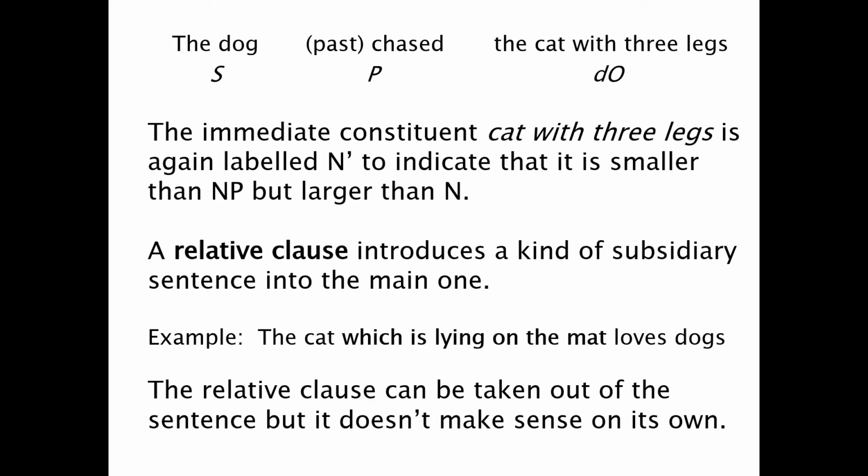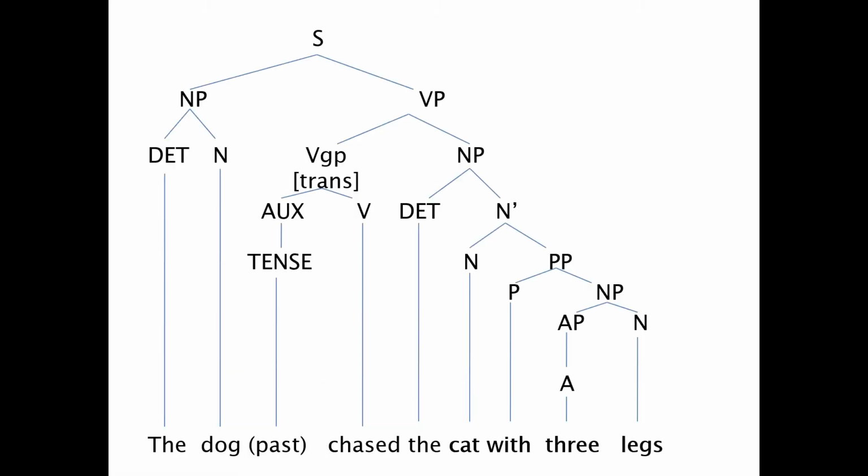So the immediate constituent, cat with the 3 legs, is again labeled noun to indicate that it is smaller than the noun phrase but larger than noun. So once again, if you say the dog chased the cat, the cat is the noun and with the 3 legs is a modifier.